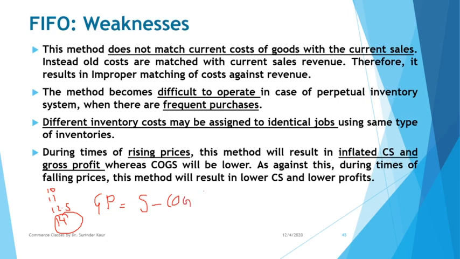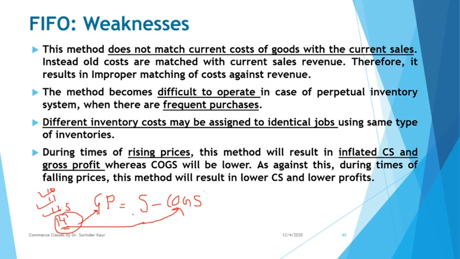And if you remember, cost of goods sold is inversely related to the closing stock. So if your closing stock is more, your cost of goods sold will be lesser, because cost of goods sold is now from the initial lots. So your cost of goods sold is going to be lesser, your closing stock is going to be higher, and your profit will also be higher, isn't it?